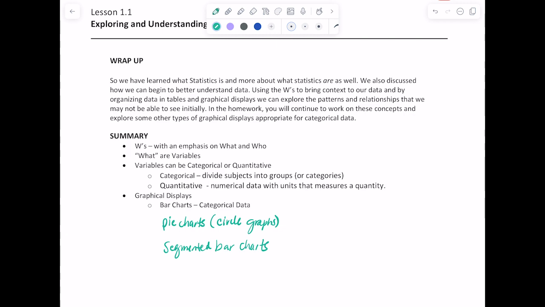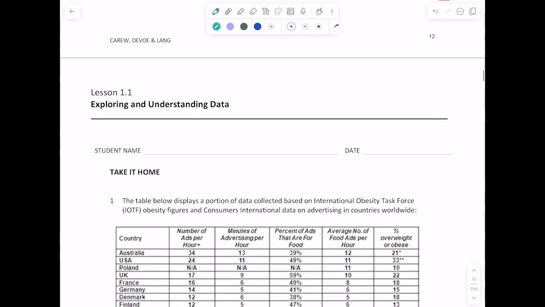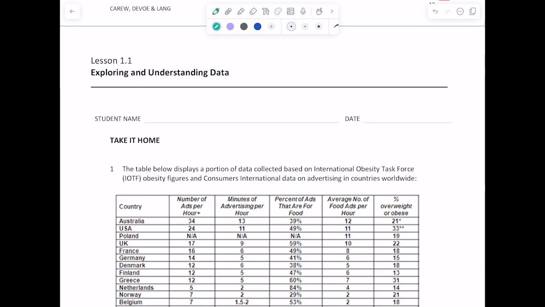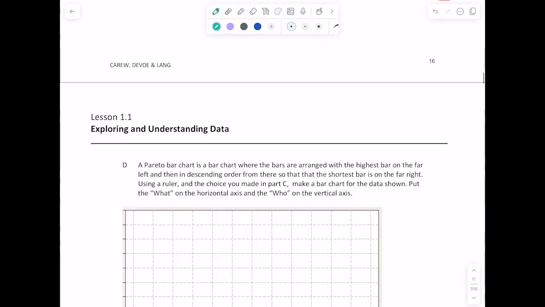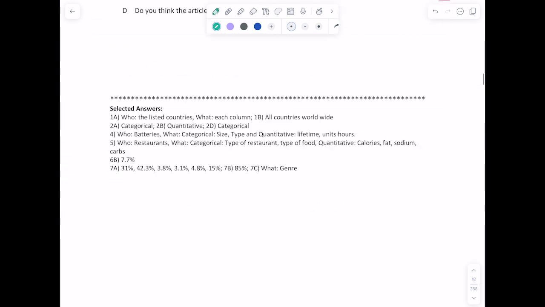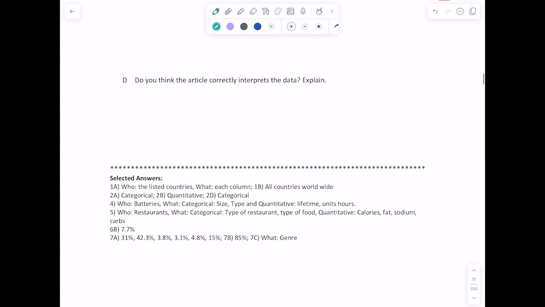That is the end of this lesson. Please make sure you take the time to complete the take it home. At the end of the homework problems, there are answers for select problems, so not all of them. You don't need to complete every single problem. One strategy is you can look at the selected answers and just try those problems.